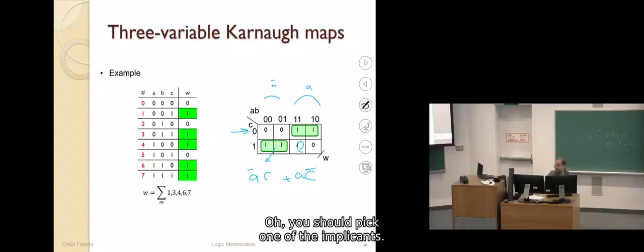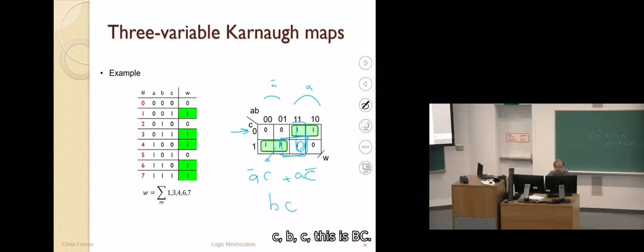Okay. So we have one here which is not covered. You should pick one of the implicants. We had already other 2 implicants. They both could cover this one. It's up to you. Which one do you want to select? Either this implicant or that implicant. Whatever you want. But we have to select something to cover that one. That one is left. So we have to put something. Let's say I select this one. If I select this one, it would be BC.